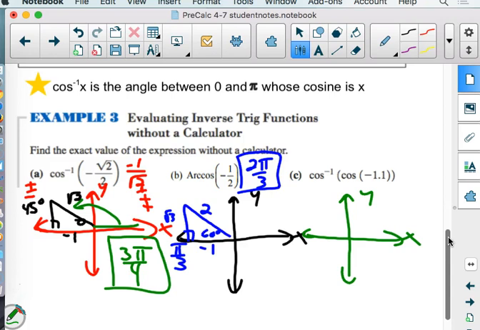Alrighty. So this would be a negative 3.14 because it's negative pi, and it's been a while. Do you remember the pi over 2? Been too long? 1.57, blah, blah, blah. Okay. So we know negative 1.1 is not going to make it all the way down there. So this would be our negative 1.1.